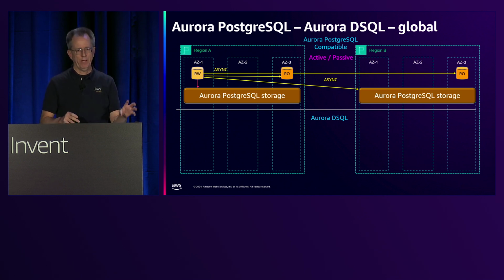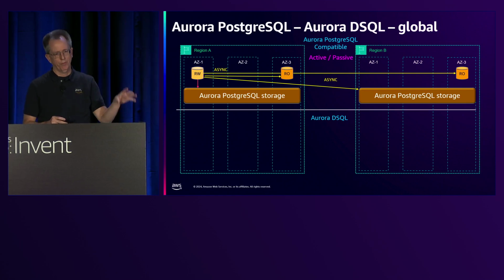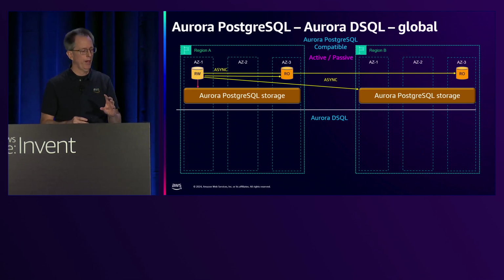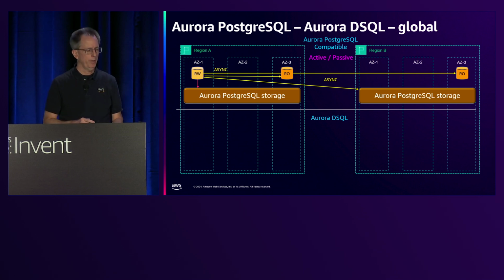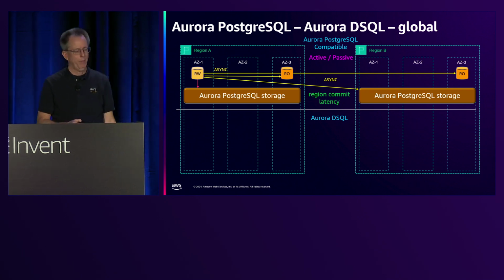So you have to do failover between them. And that's the same as in region for Aurora, right? You're failing over from a read-write because there's only one writer. So the same thing is true with global database, right? But because it's async, you're getting region-level commit latency, right? You're not paying for a cross-region write. So that's an advantage, but you do have things like being active-passive.